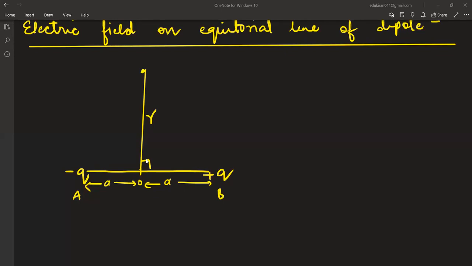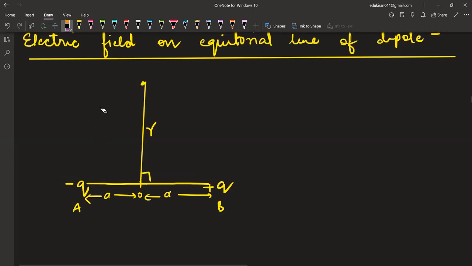Now we'll be using the superposition principle here. Let's say this is a negative charge, so the electric field will be towards this, right? Let's say the angle that is formed is some theta.